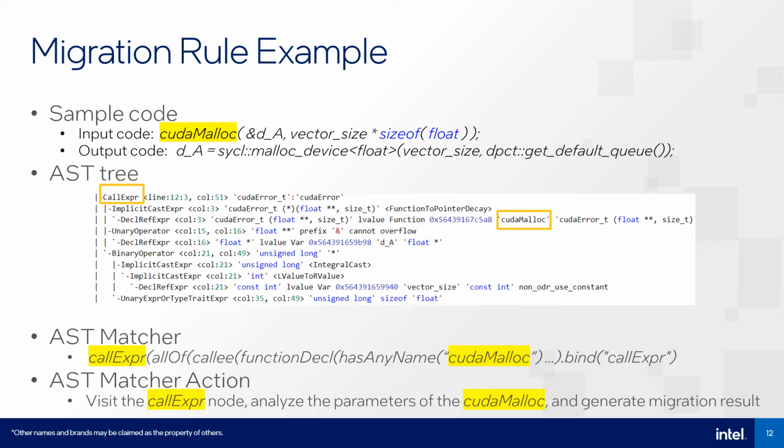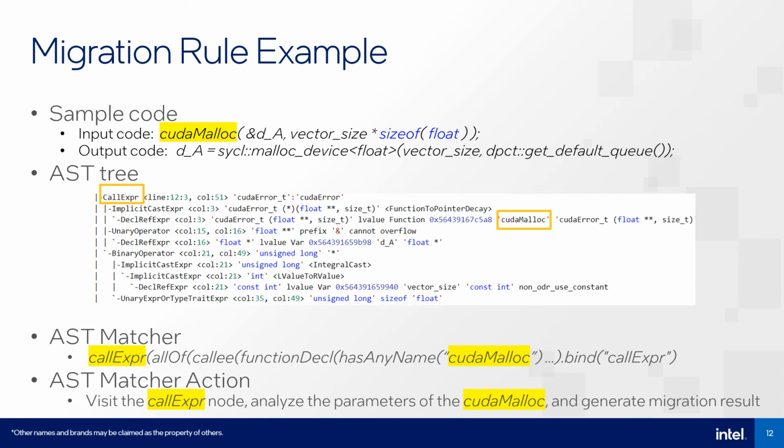First, figure out the equivalent functionality in SYCL. For the cudaMalloc API in the sample code, its equivalent in SYCL is the sycl::malloc_device API. Then, in the given AST tree, try to find the cudaMalloc node.